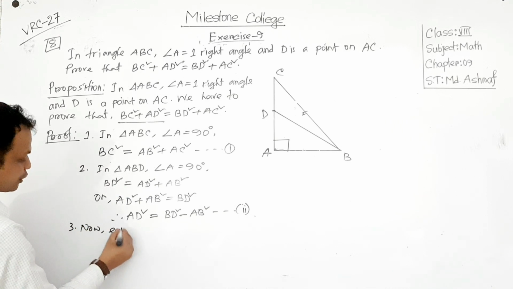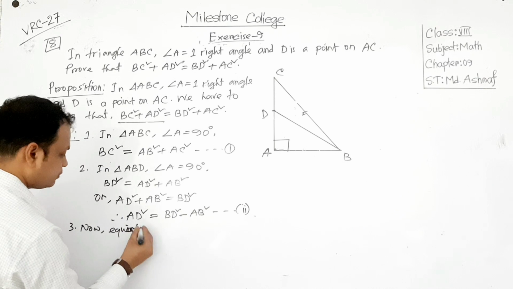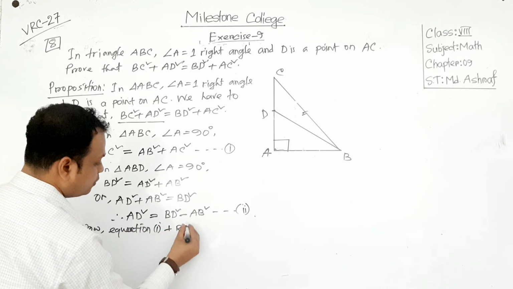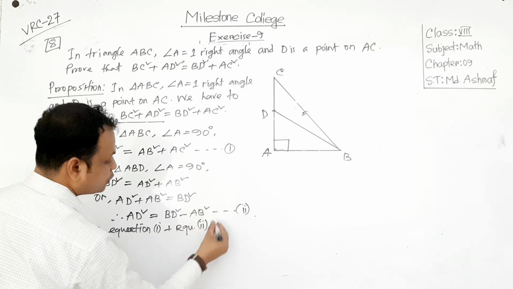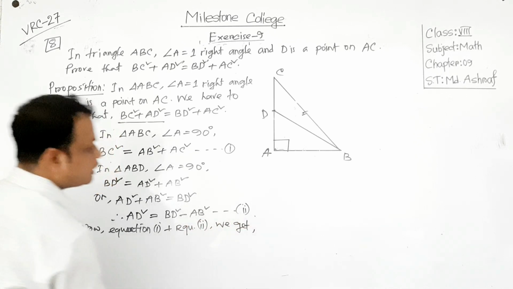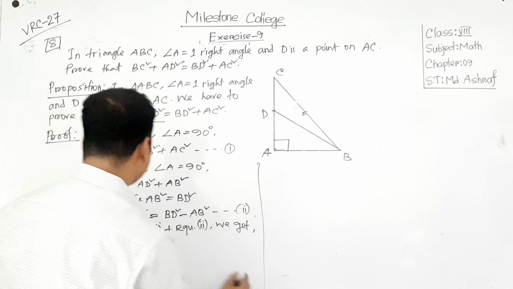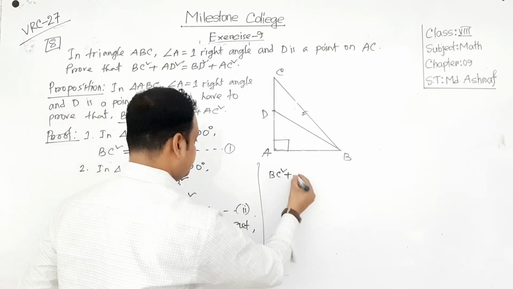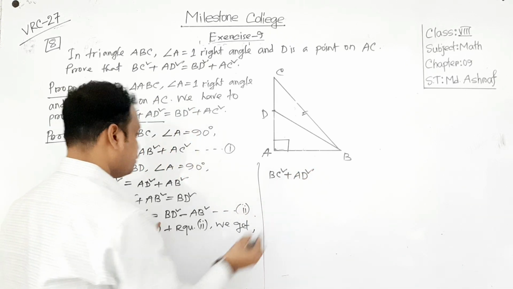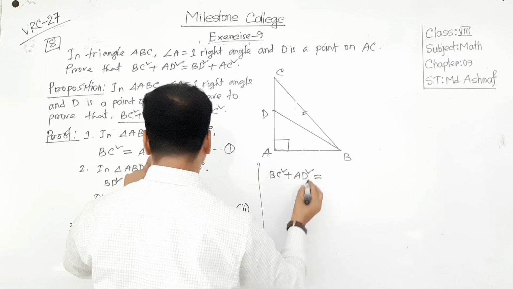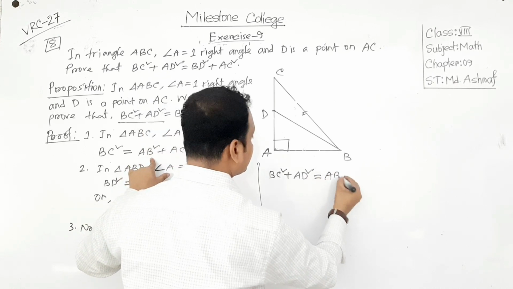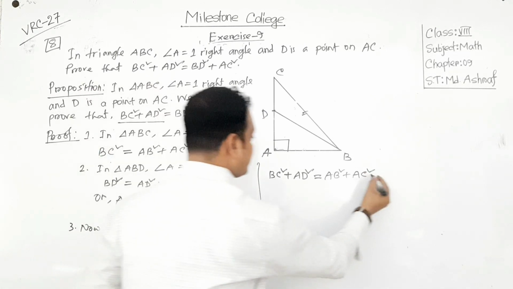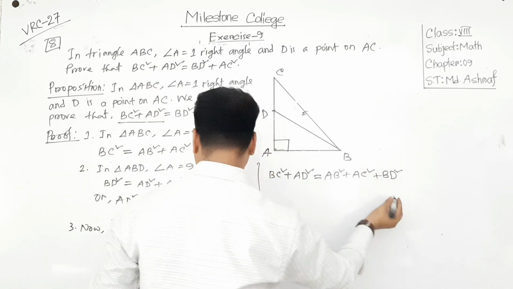Equation 1 plus equation 2, we get BC square plus AD square equals, BC square is AB square plus AC square, and on the right side BD square minus AB square.